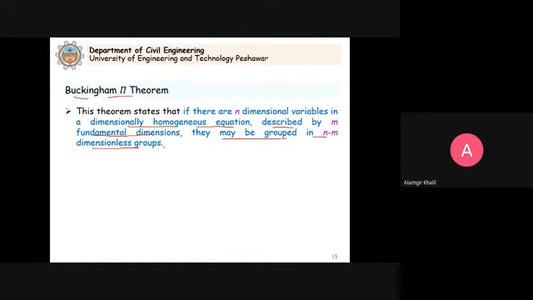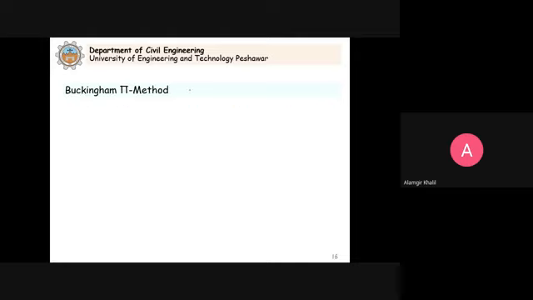So in this case, what you studied is that instead of n minus m, we actually write down n minus k. N minus m will work most of the time. This will give us the number of pi groups needed to solve the problem. But in your book, instead of this, we go for n minus k.